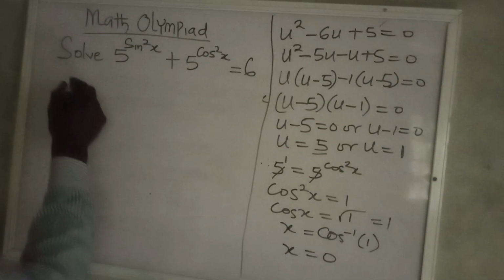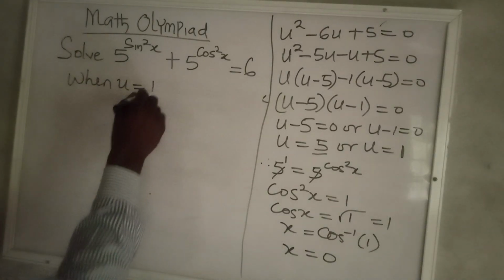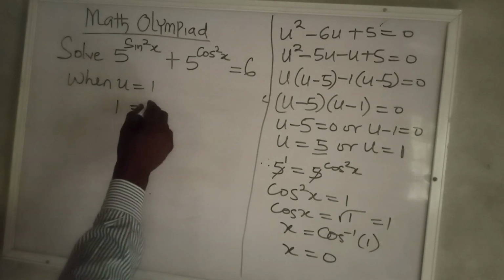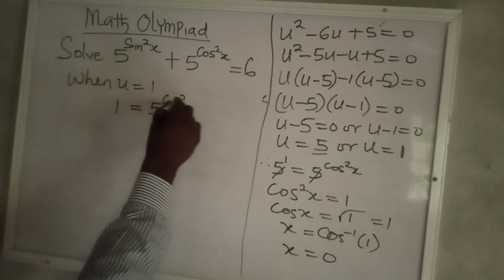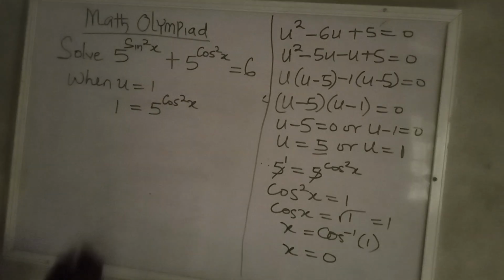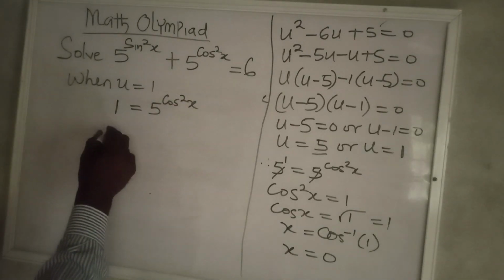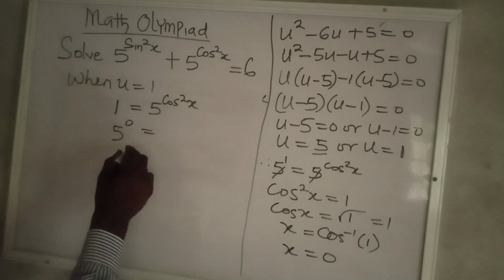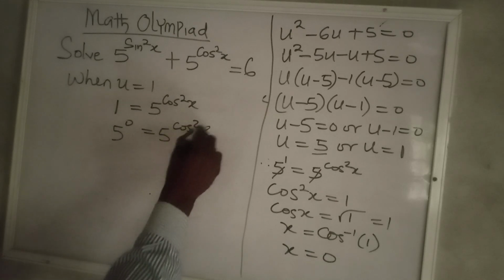So when u equals 1, then we have that 1 equals 5 raised to power cos squared x. In indices, 1 can be expressed as 5 raised to power 0 equals 5 to the power cos squared x.